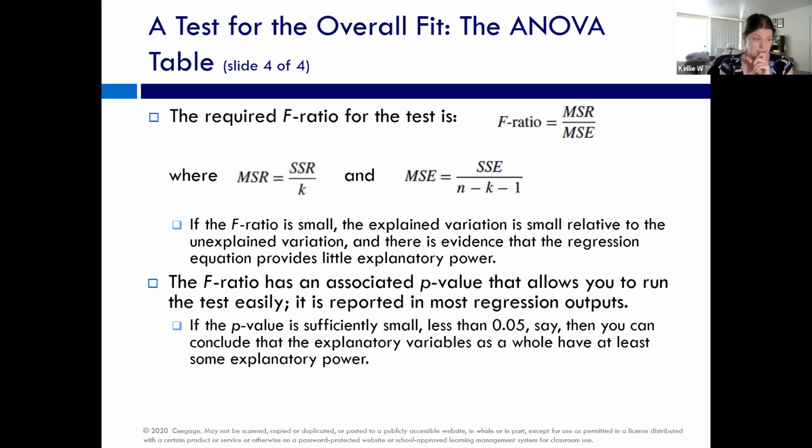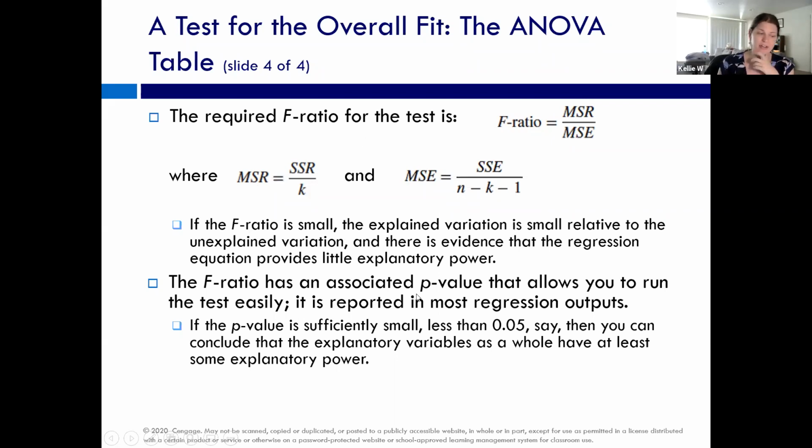So that said, we can take the mean squared regression and the mean squared error, which again, Excel does all of this, and we can calculate a ratio. If we divide the sum of squares of the regression by k, and then the sum of squared errors by the degrees of freedom, we get the mean squared error. The ratio of these two tells us whether or not we have a good overall fit.